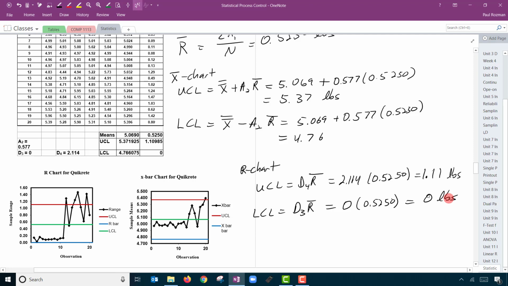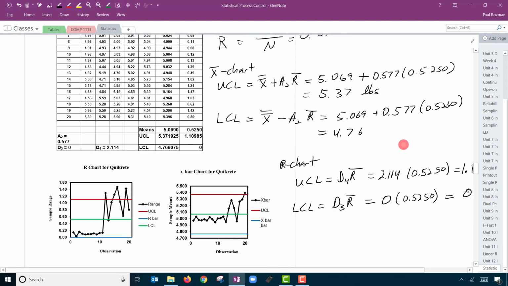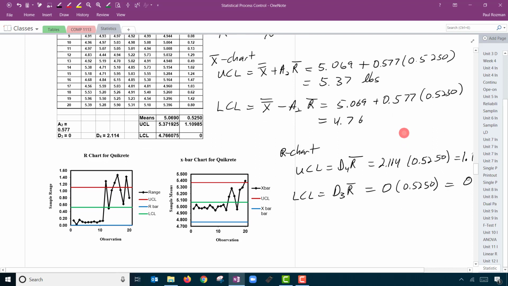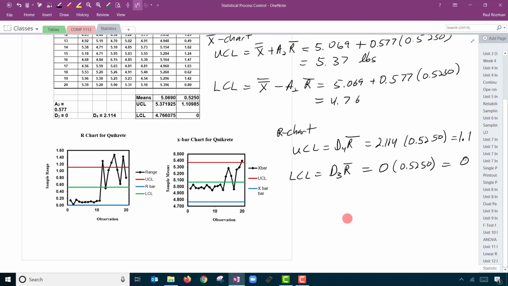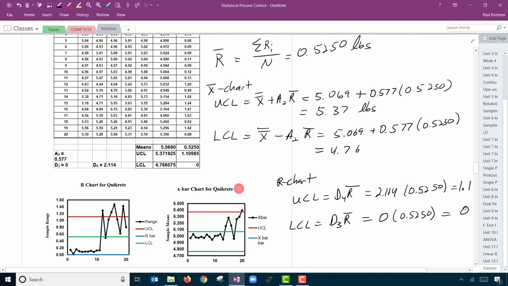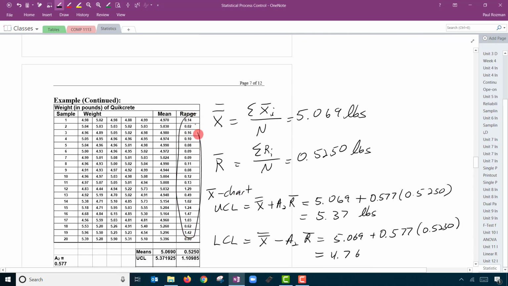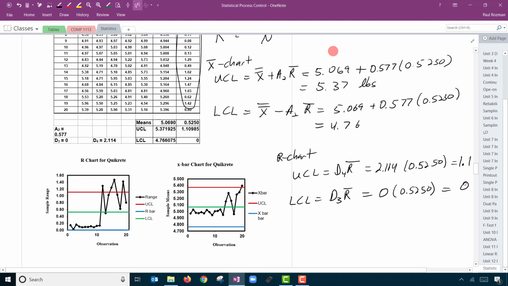And now we can look at these things on the plot. We just did the R chart. So here's the R chart for this sample. I plotted these ranges in order. So there they are, plotted over time. We had 20 different days of observations. On that same plot, I included the R bar.